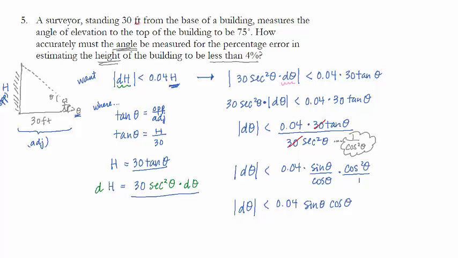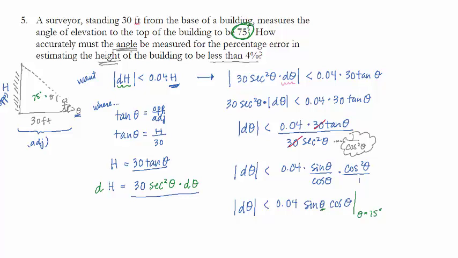Now we have an initial value for theta. It says that theta started to be 75. So the first time he took this measurement, he found it to be about 75 degrees. So let's see what happens when we evaluate this statement at theta equals 75 degrees.